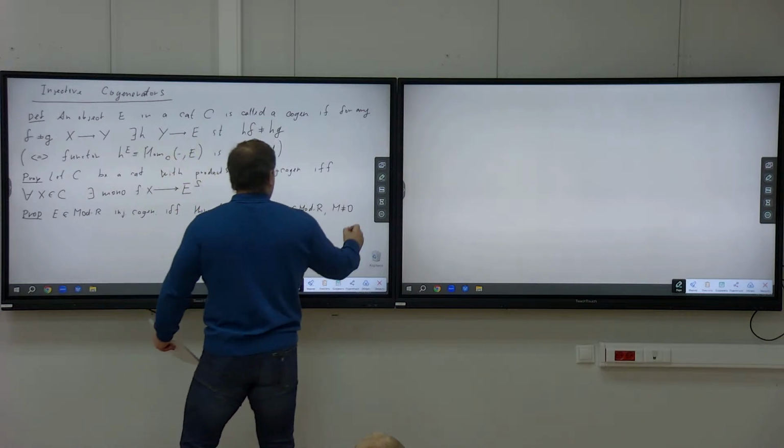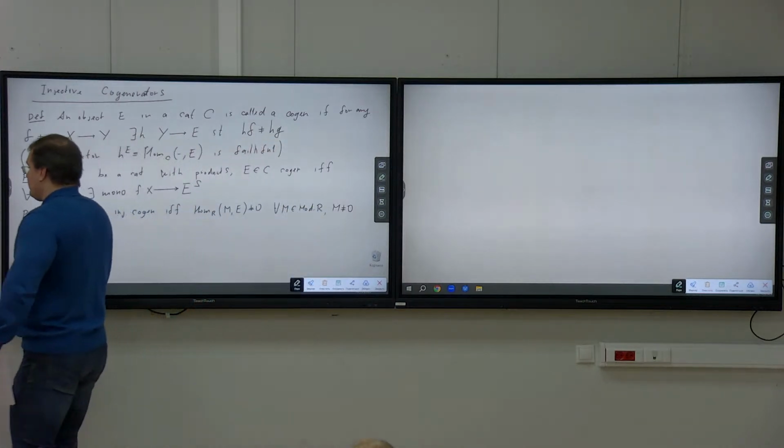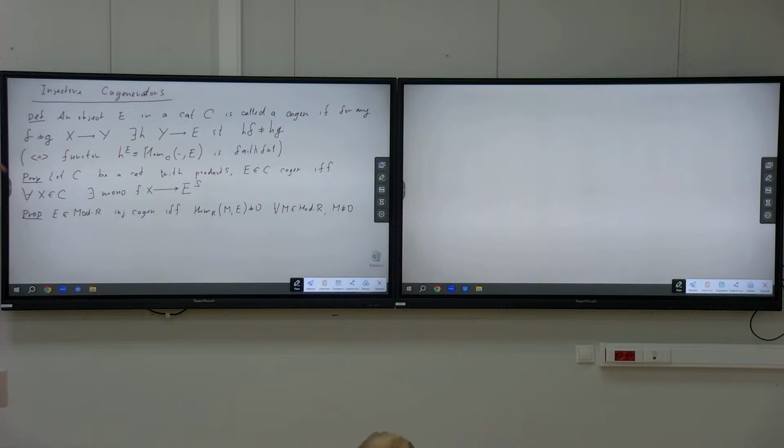So let's see how this definition is related to the general definition. The general one is something that you find in the category theory textbook, and this is how usually this thing is defined in the algebra textbook.